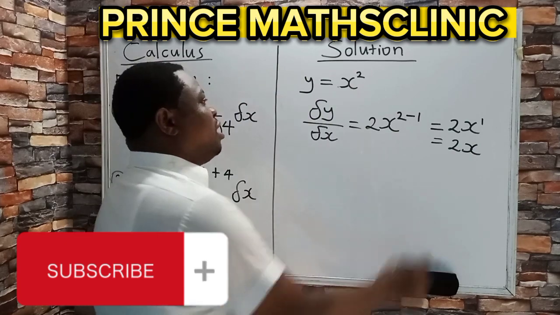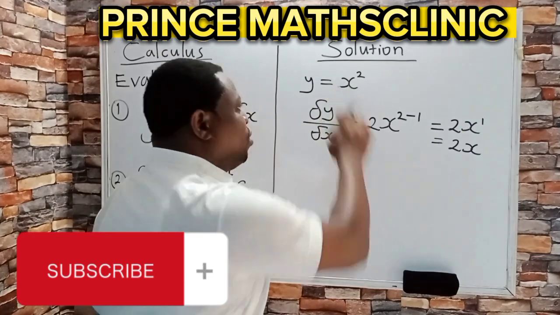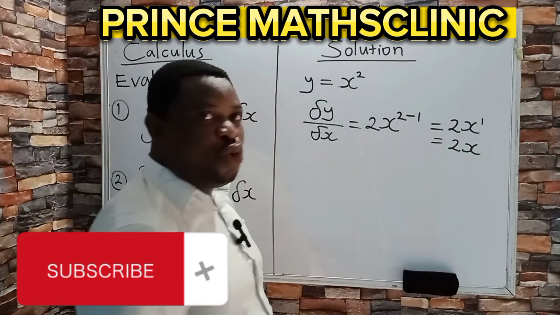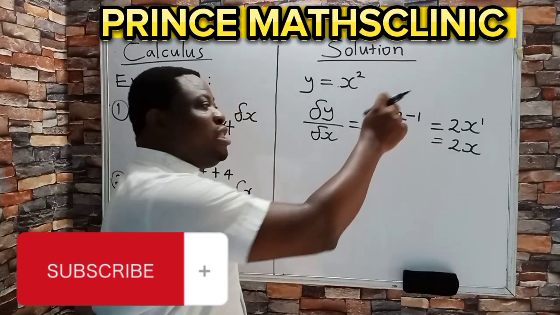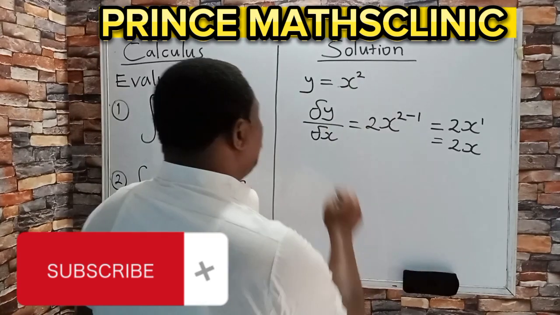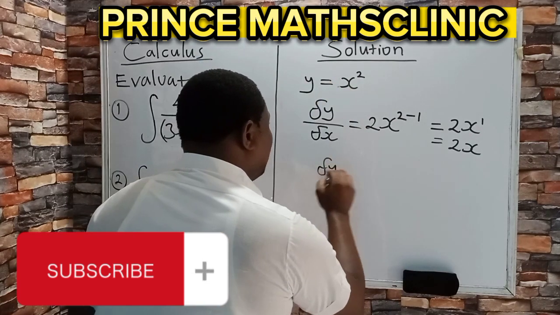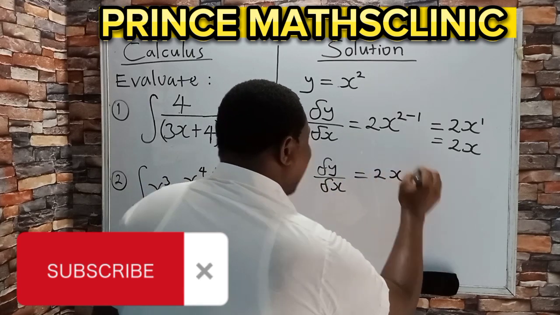Now, this value has been differentiated to give us 2x. Suppose we want to integrate this value to give us back x squared. Remember that when we differentiated, we got dy over dx equals 2x.